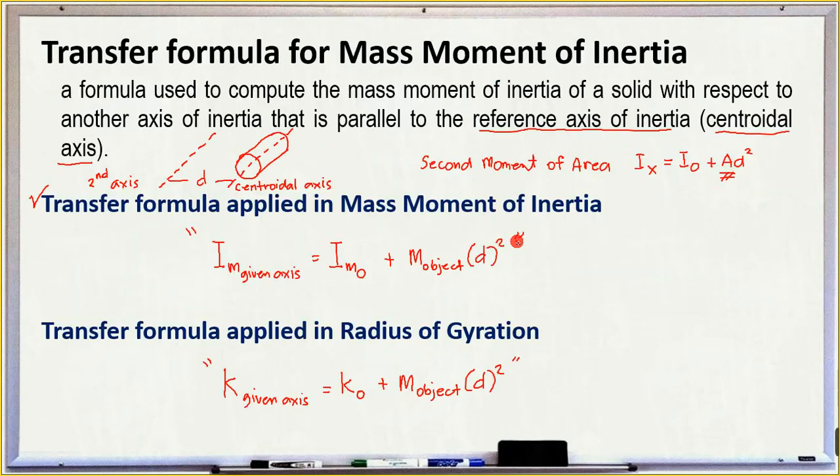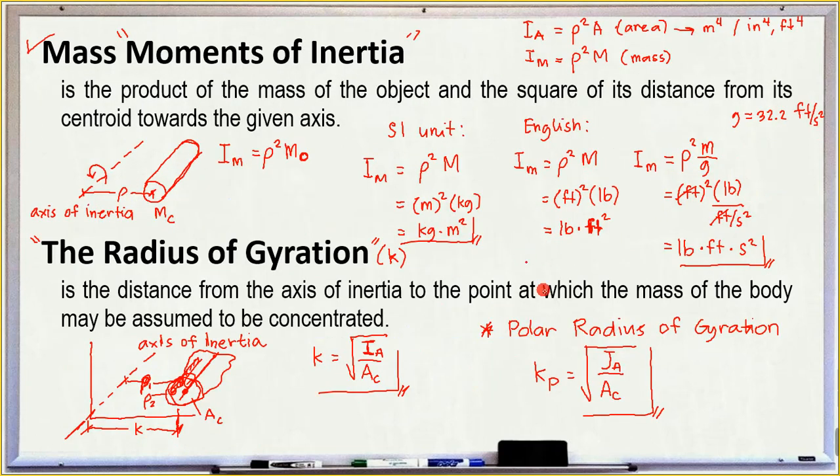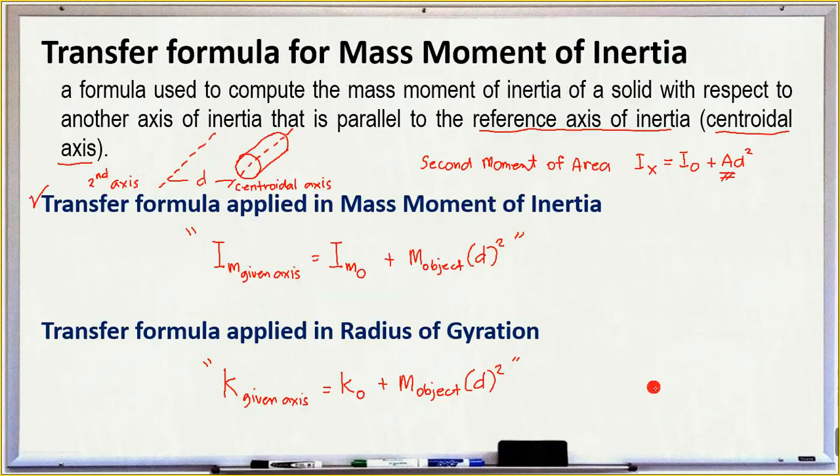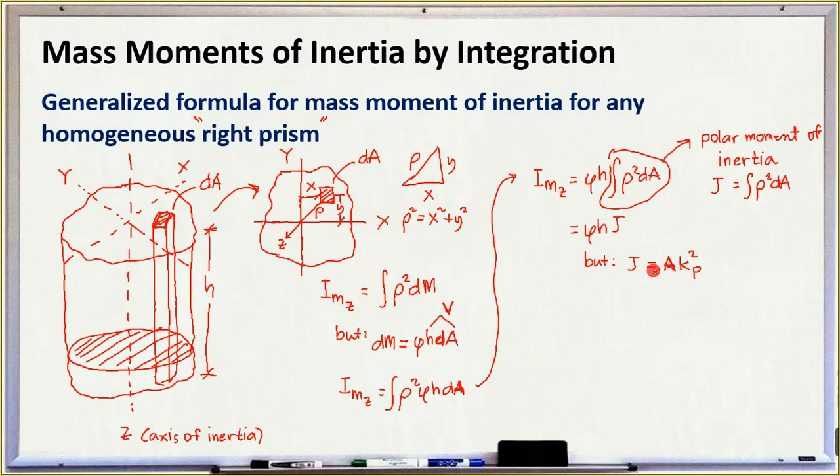If we go back to the previous slide, k_p equals the square root of J over A. If we simplify this, k_p squared times the cross-sectional area is equal to J. So going back here, don't forget to write J over A to avoid confusion.